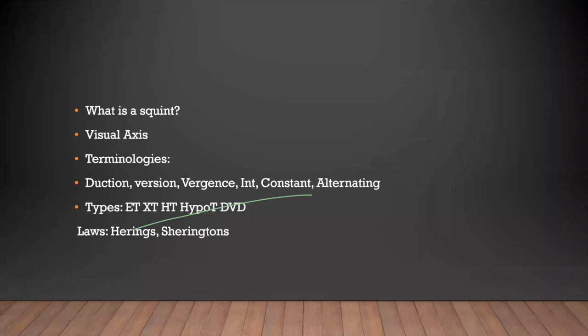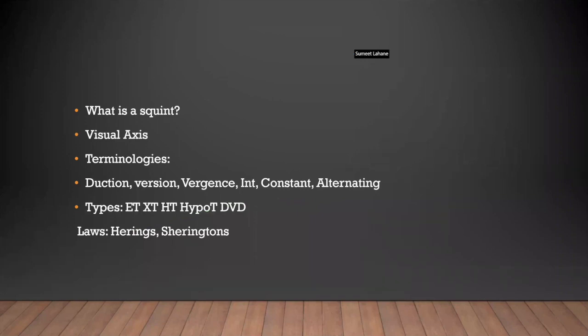That means the two eyes are aligned with the visual axis in one direction. However, if one of the eyes is deviated to either the nasal side, temporal side, upwards, downwards, etc., it is called a squint. Now the visual axis is basically formed by us looking at an object, and the line falling from the object onto our fovea forms a visual axis.